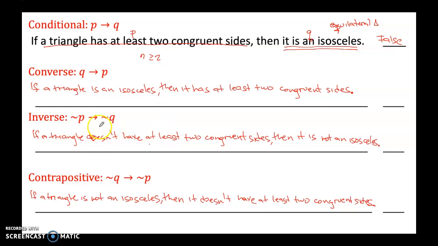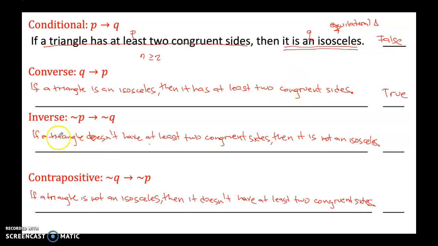Now, for the converse, if a triangle is an isosceles, then it has at least two congruent sides. So this is a true statement because an isosceles has at least two congruent sides.